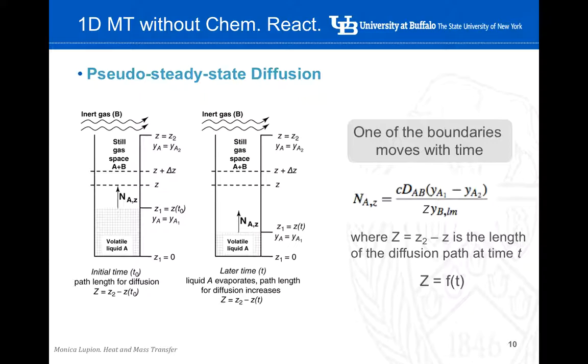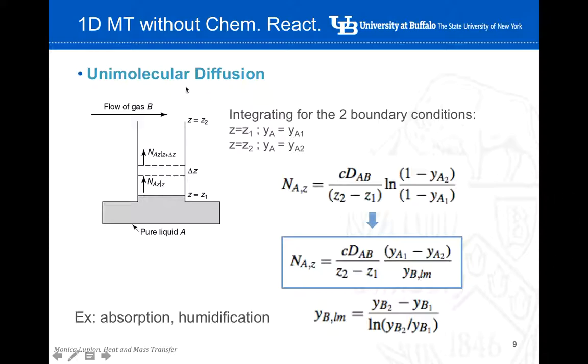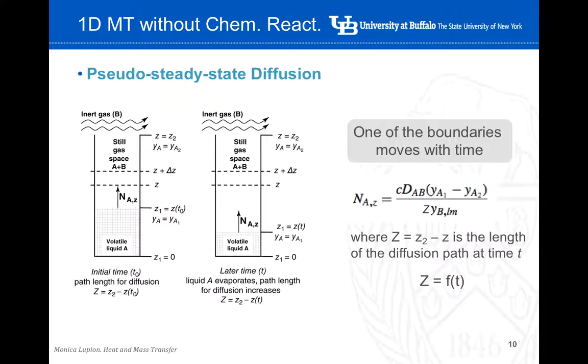We can apply the very same equation that we just defined for the unimolecular diffusion. So this is the equation that we're going to use, but in this case, the length of the probe will be a parameter because that will change with time.